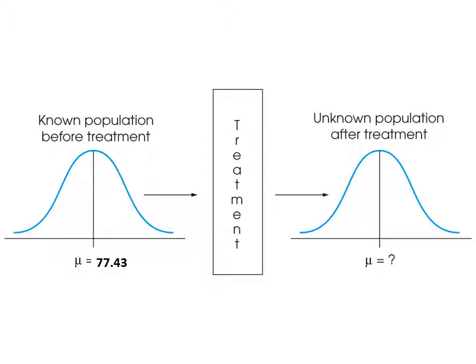The purpose of the experiment is to determine whether the treatment has an effect. The population after the treatment has unknown values for the mean and the variance. So we use a sample from this population to test a hypothesis about the population mean.